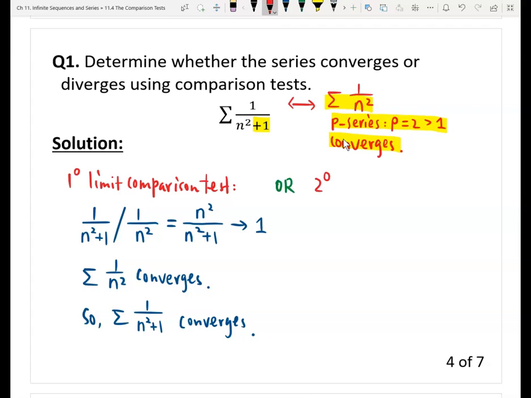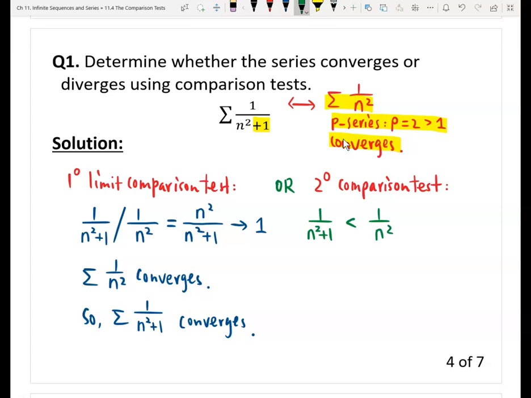Or we say the second, if we simply say it's a comparison test. No big difference. We directly compare term by term. Can you see our term is 1 over n squared plus 1? I say ours is less than 1 over n squared.